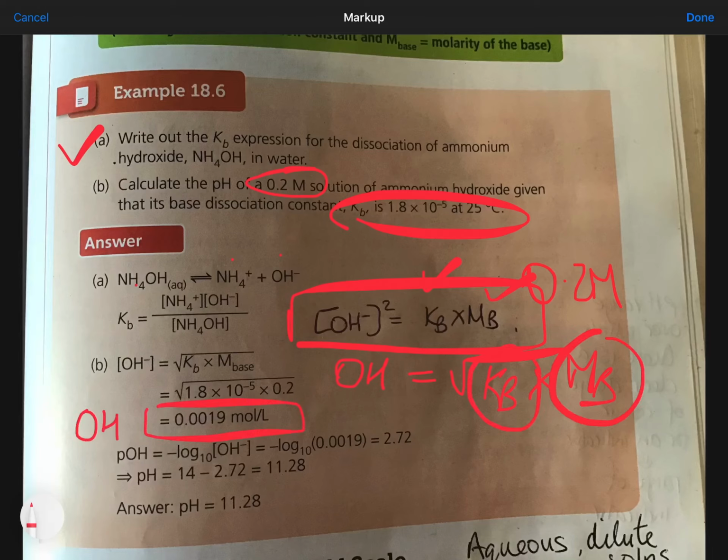This is my OH minus ion concentration. Fill that into pOH and you're getting 2.72. Now a pOH value of 2.72, remember you must subtract that from 14 to calculate the pH. And remember we said that the pH of bases has to be greater than 7. So make sure that it's greater than 7. Okay?